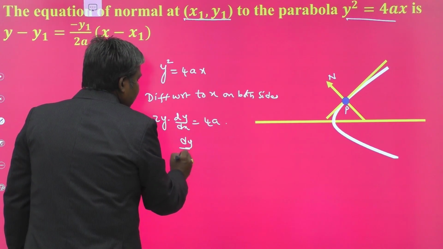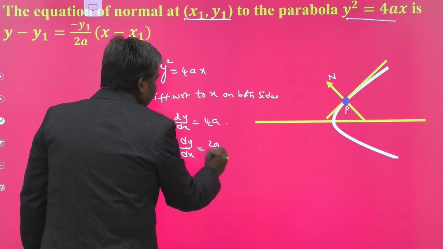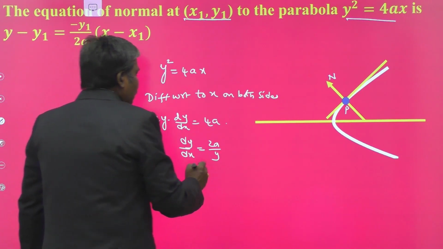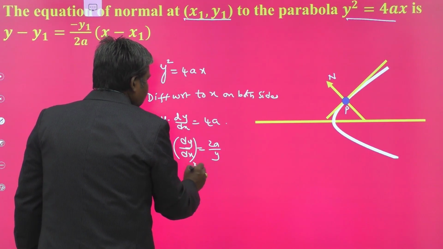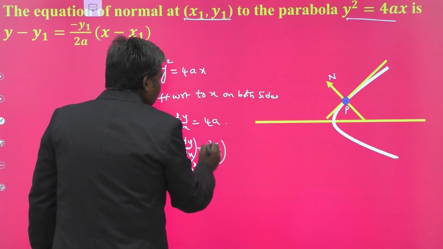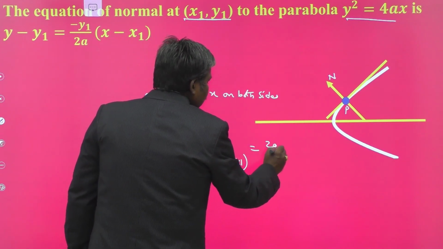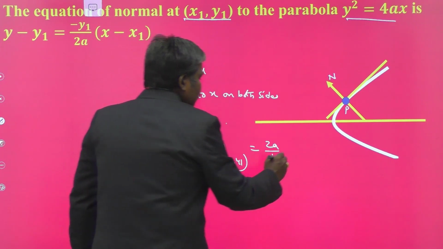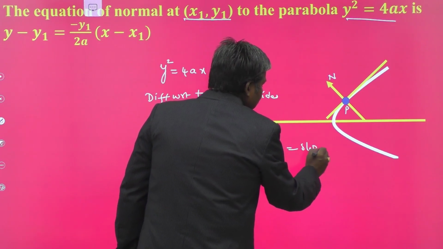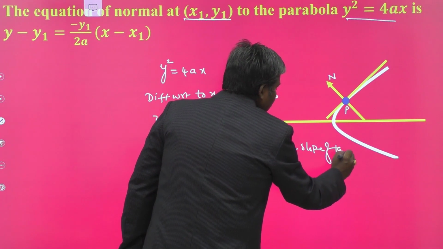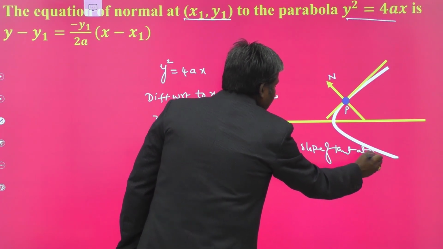Therefore dy by dx is equal to 2a by y. This is the slope of tangent at (x1, y1), that is 2a by y1. It is the slope of tangent at P.